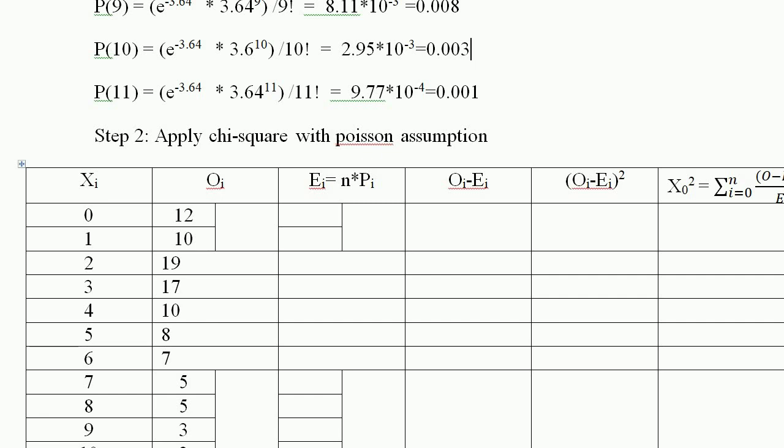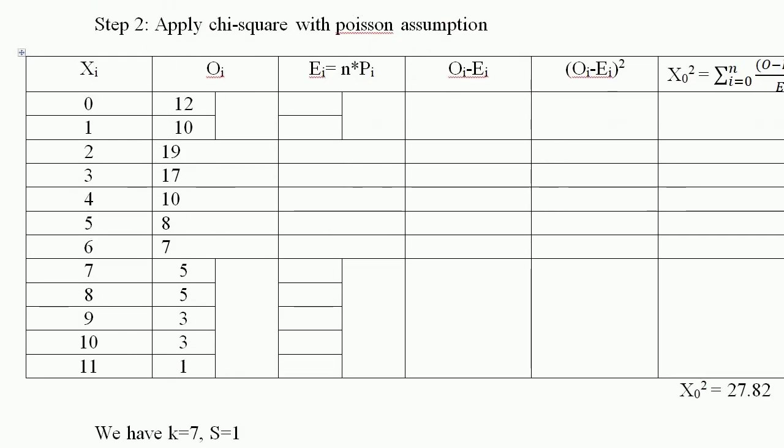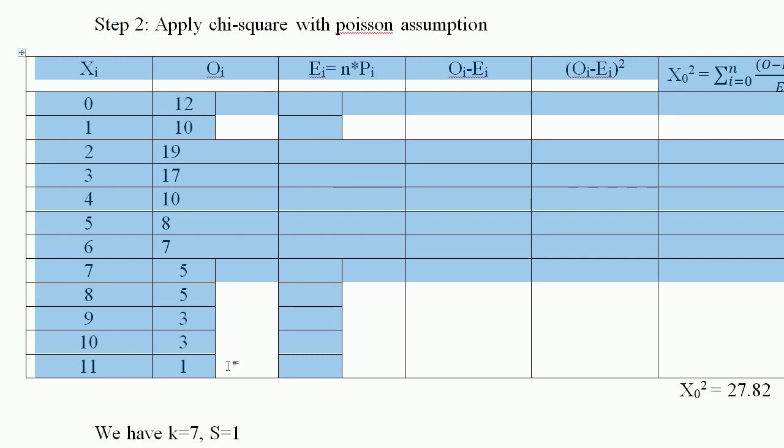Next you have to calculate the table here. In this table, apply a G-square with a Poisson assumption, for which we have a formula over here.